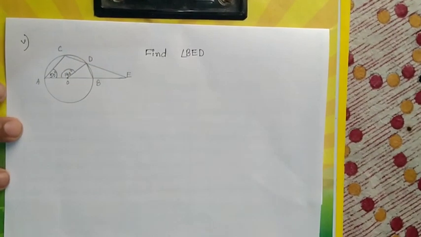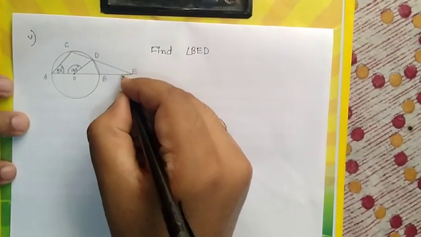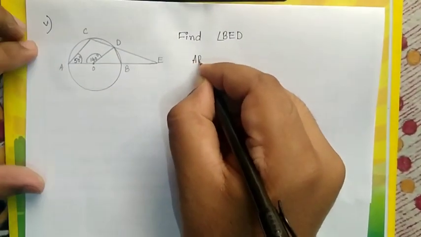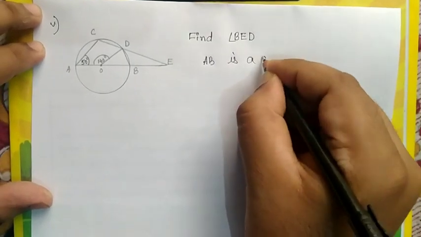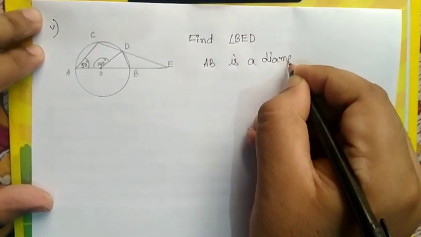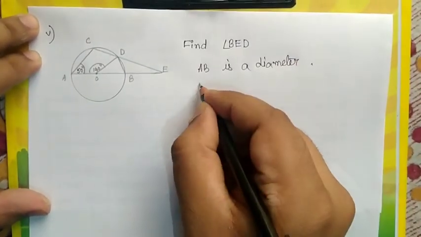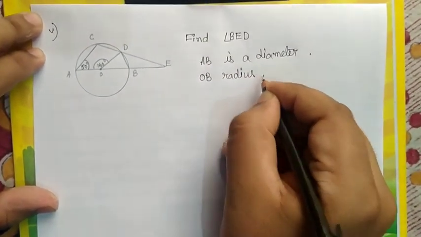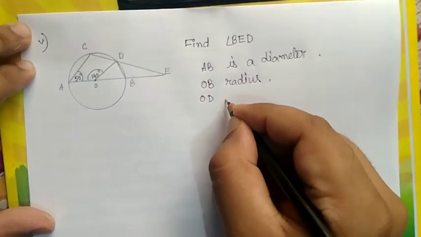This is sum number 5. We have to find out the angle BED. Now AB is a diameter. So therefore OB is radius. OD is also radius.